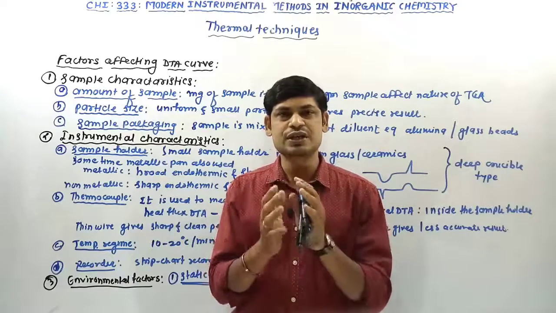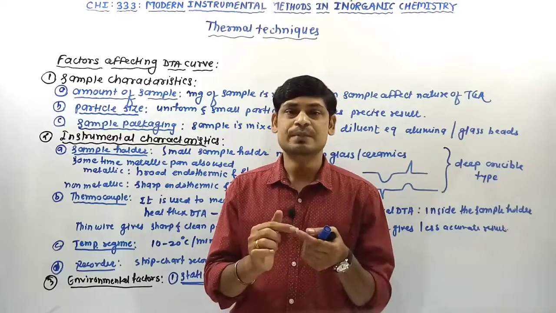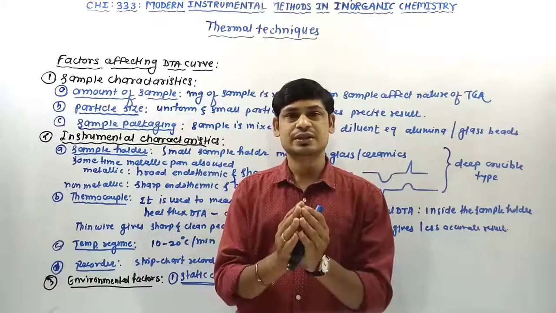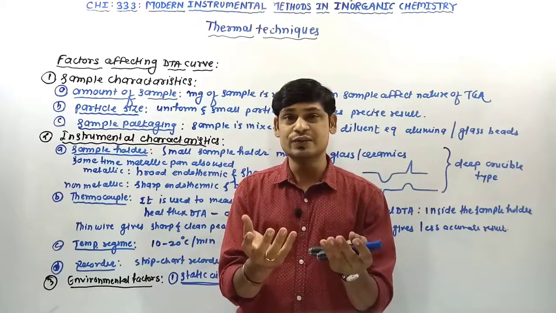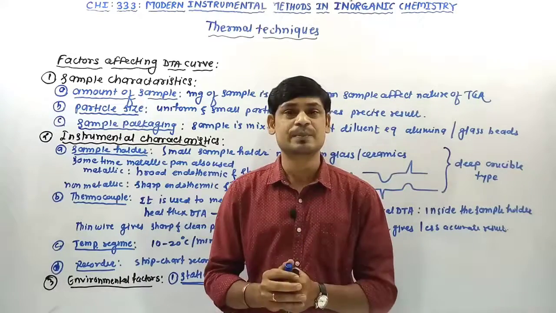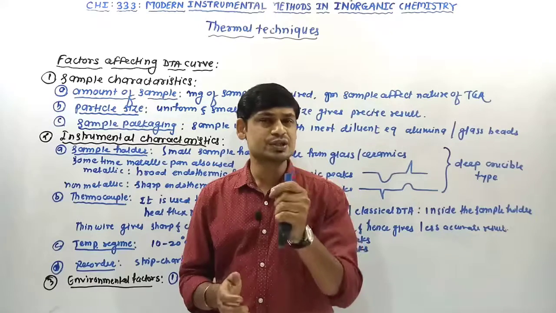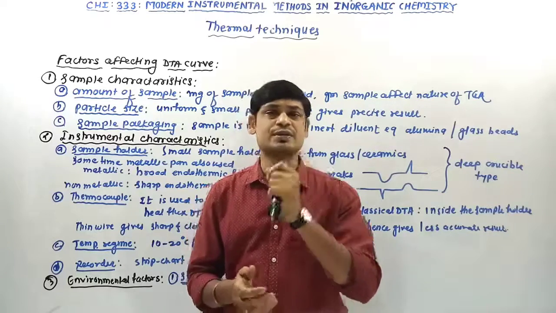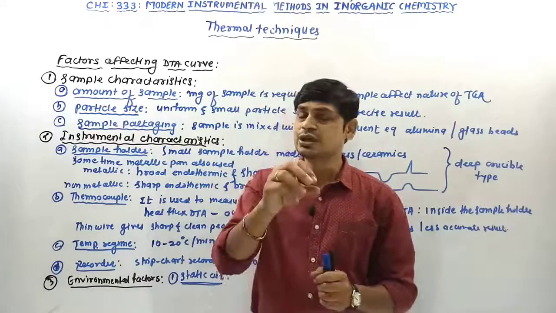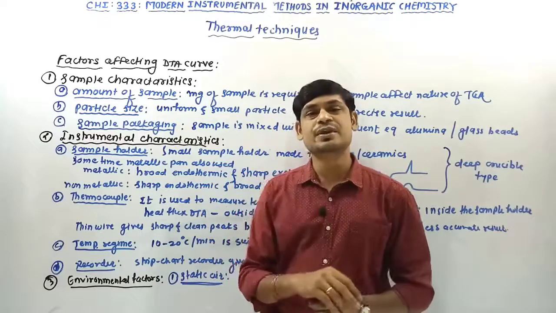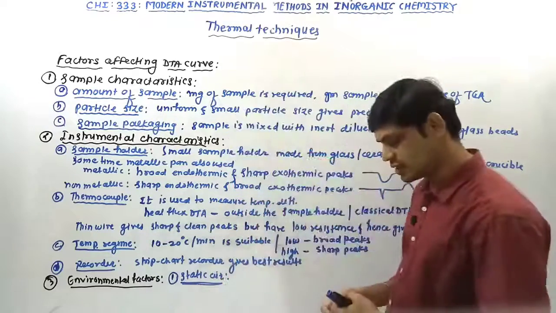So it is difficult to reproduce the atmospheric air, and obviously whatever air we are blowing through the sample holder will be different in each case. My intention is to focus on reproducibility, meaning we cannot maintain reproducibility in a static air.